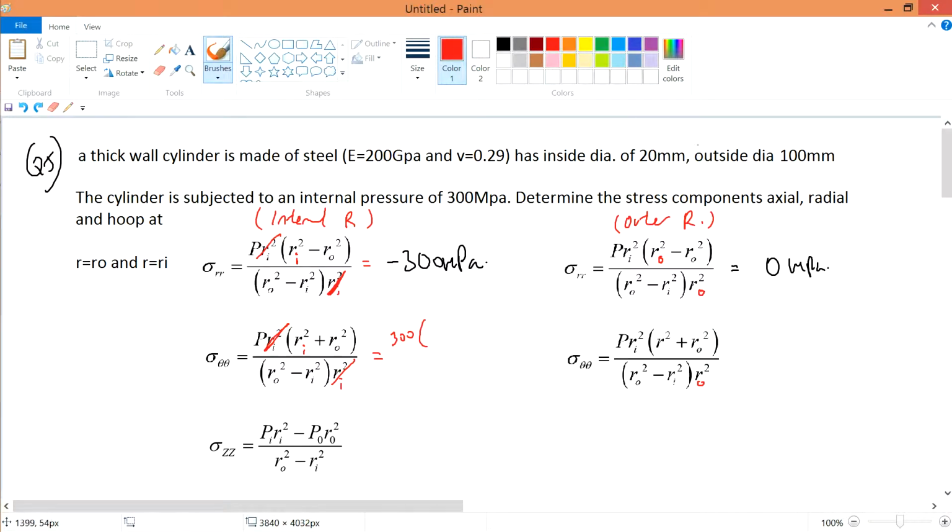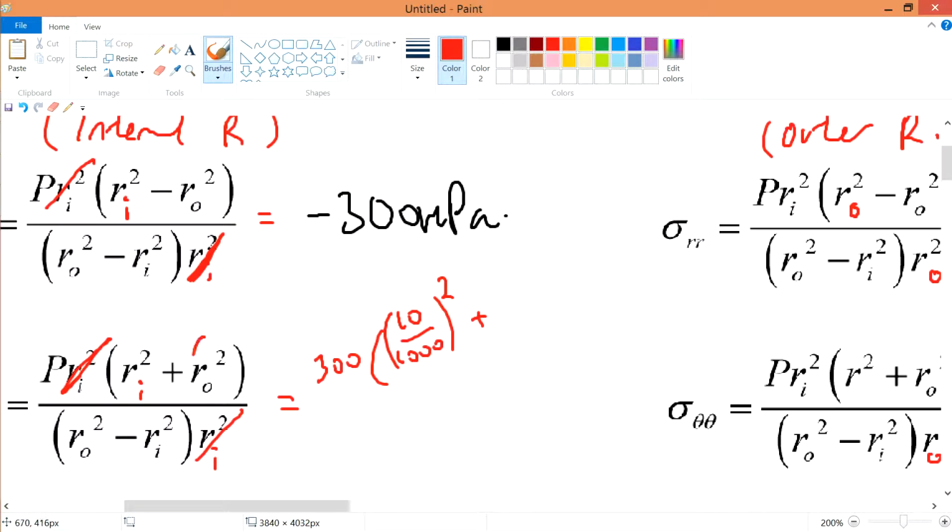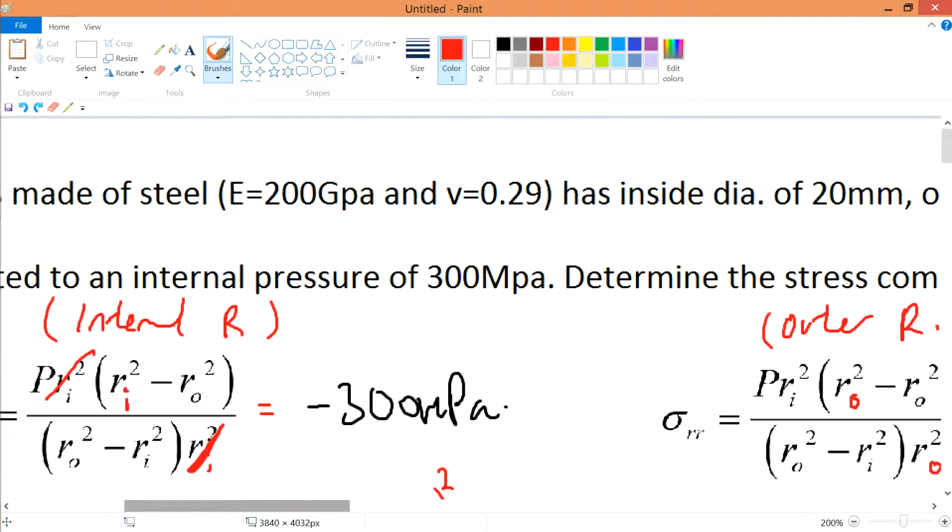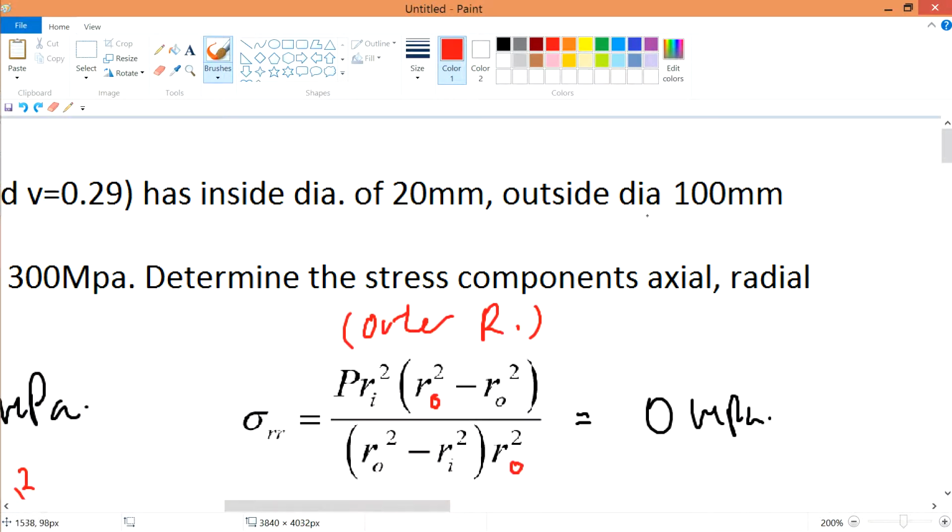So it's the inside diameter. So it's 10, because 20 divided by 2 is the radius. So 10 divided by 1000, the whole thing squared. I'll zoom in a bit. Plus the outer radius, which, if you just take a look, is 100 mm diameter, so the radius will be 50 mm.